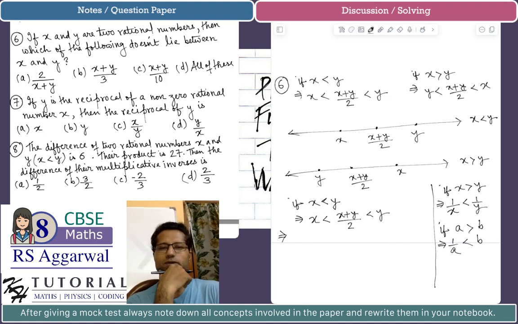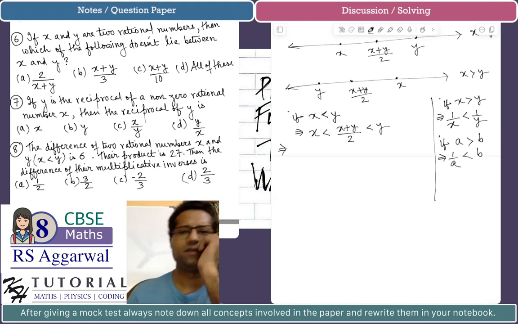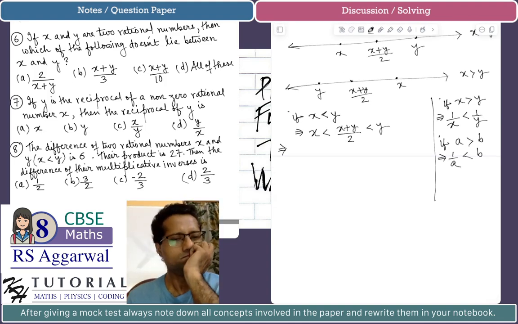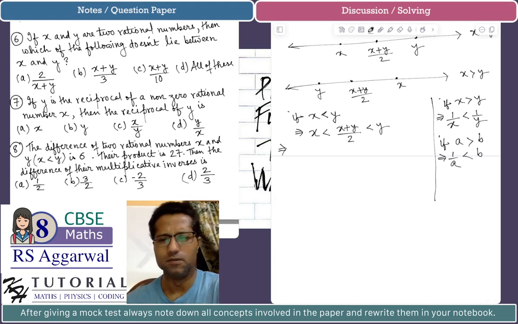Then which of the following doesn't lie between x and y? Now I will try to solve this problem in a reverse way, kind of reverse engineering.